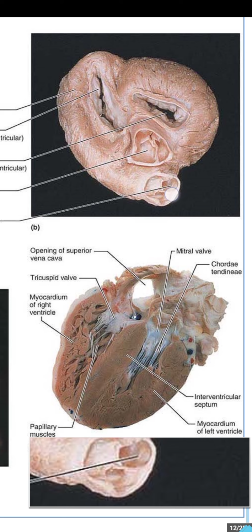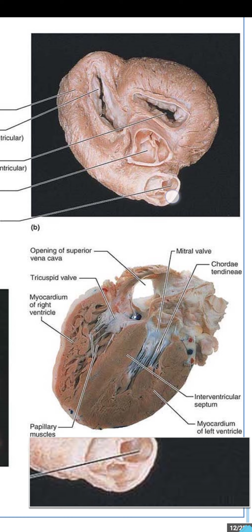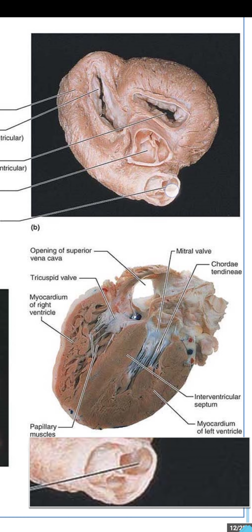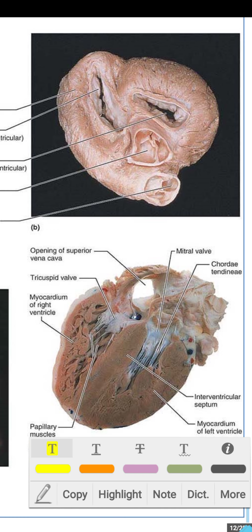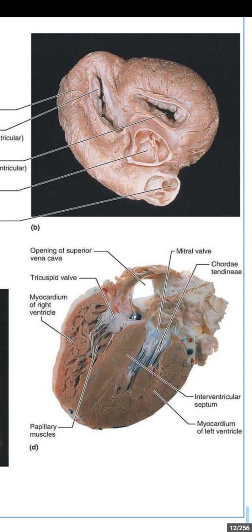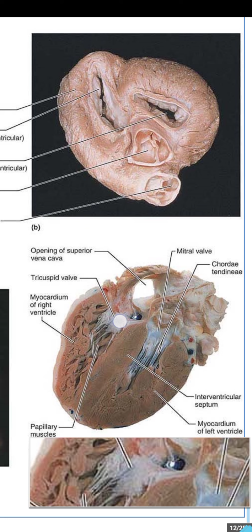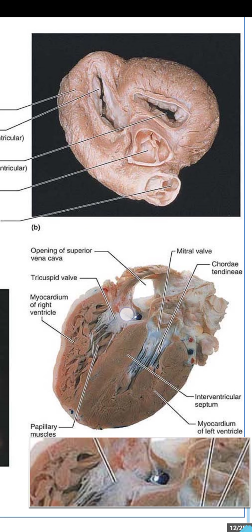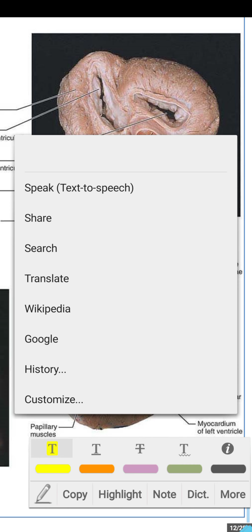Next is the pulmonary valve. The pulmonary valve also contains three cusps. Next, you can see the opening of the superior vena cava. This is the right half of the heart, and this is the tricuspid valve. You can see the white chordae tendineae connected to the papillary muscles in the endocardium.